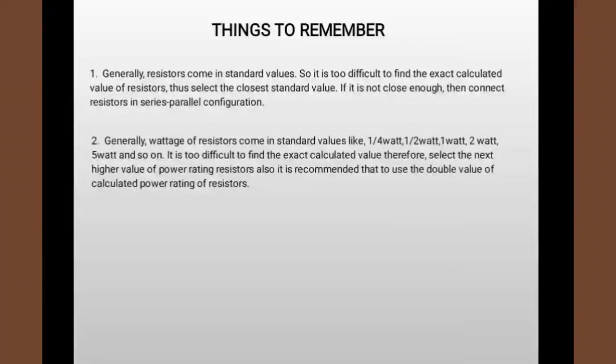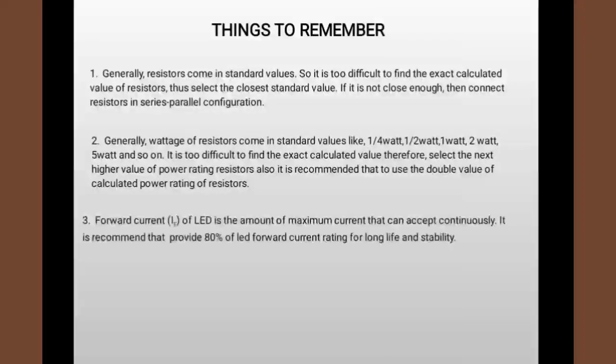Generally, the wattage of resistors comes in standard values like 1/4 watt, half watt, 1 watt, 2 watt, 5 watt and so on. It is difficult to find the exact calculated value. Therefore, select the next higher value of power rating resistors. Also, it is recommended to use double the calculated power rating of resistors.